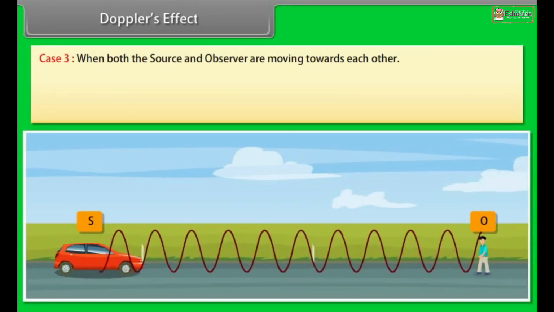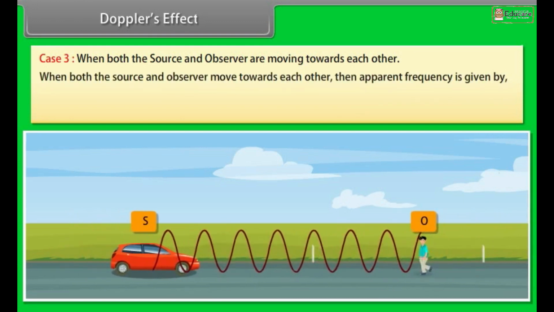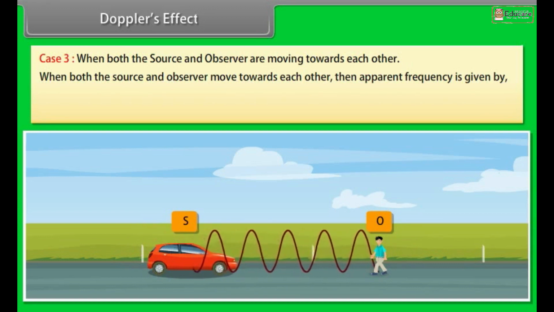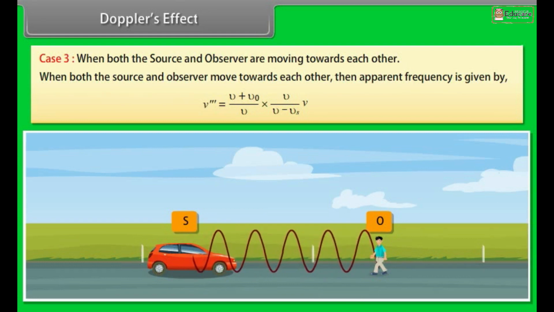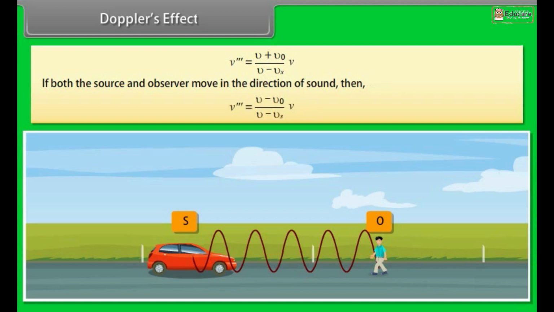When both the source and the observer are moving towards each other, then the apparent frequency is given by nu triple dash is equal to v plus v0 upon v minus vs multiplied by nu. If both the source and observer move in the direction of sound, then nu triple dash is equal to v minus v0 upon v minus vs multiplied by nu.